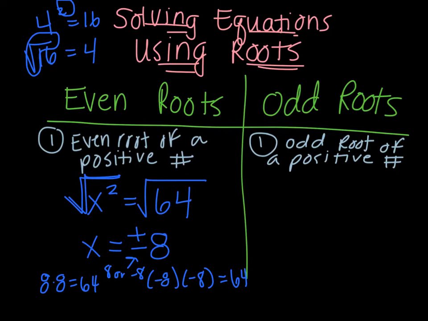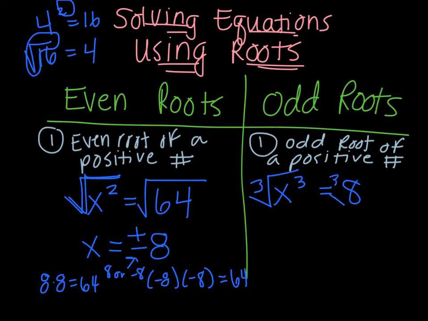The next possibility is that I could be taking an odd root of a positive number. So for instance, if I had x cubed equals 8. Again, to undo cubing x, I'm going to cube root x.